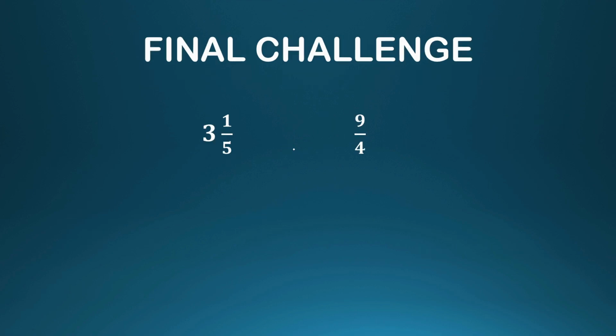It's time for the final and the biggest challenge. Let's try to compare a mixed fraction with an improper fraction. Now, how do we do that? First, to use any of the methods, whether changing to a common denominator or doing cross multiplication or the butterfly method, we first need to have two improper fractions or two simple fractions.